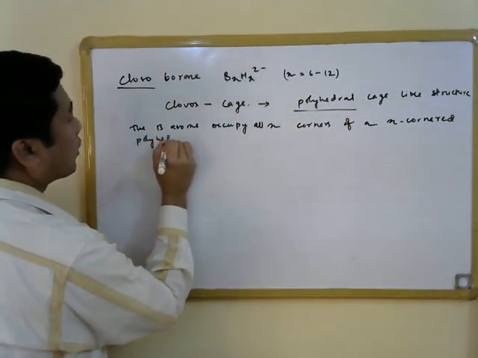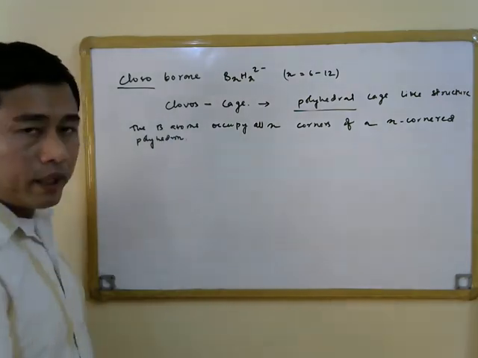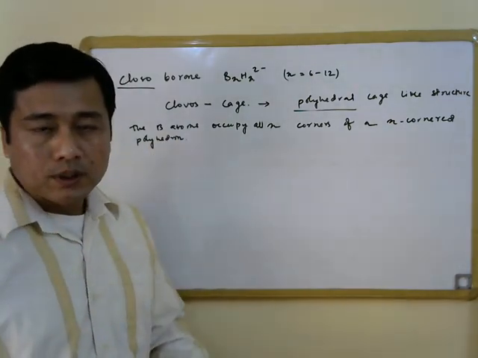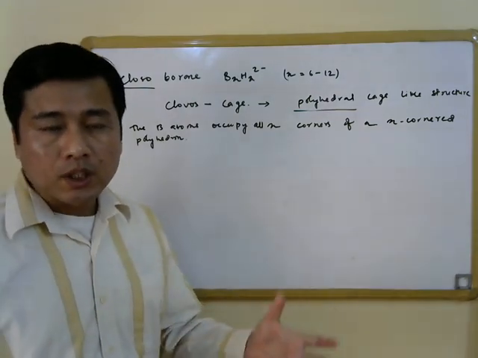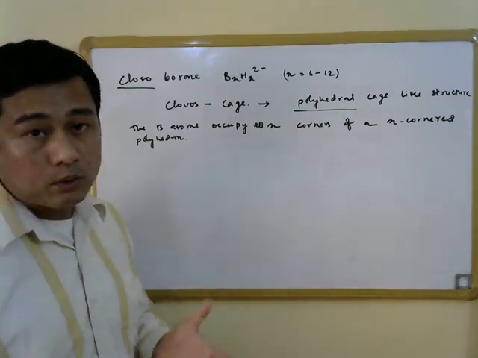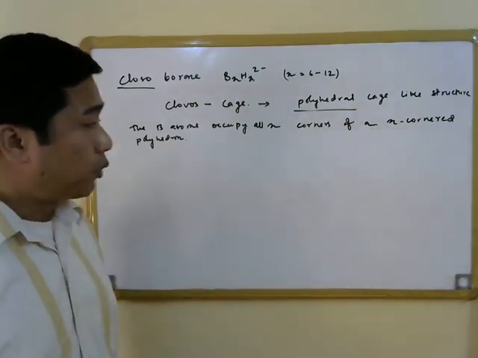So all the corners or all the apexes of the polyhedron are occupied by the boron atoms in closoboranes, and that is why the structure is a closed structure, and that is the reason why we call them closoborane.